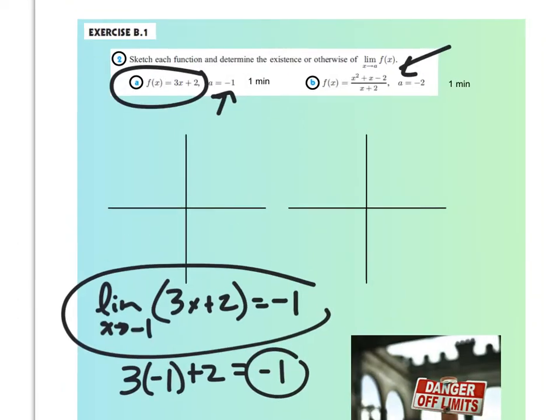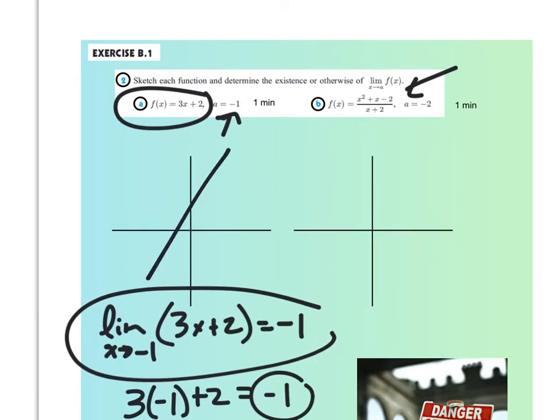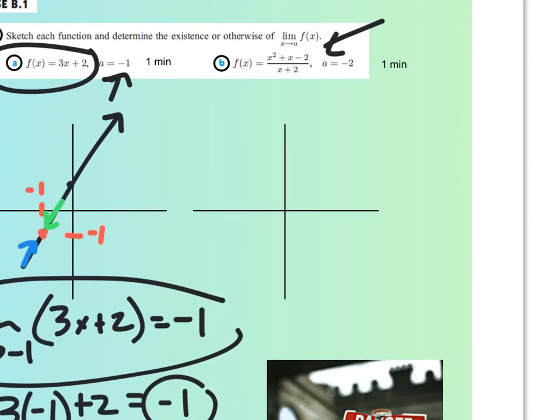Done. If I were to graph that, it would look like this. When x equals negative 1, my output is negative 1. So my left-hand limit and my right-hand limit, how can I just assume that? Well, because it's a line and it's continuous everywhere. No holes, no asymptotes.